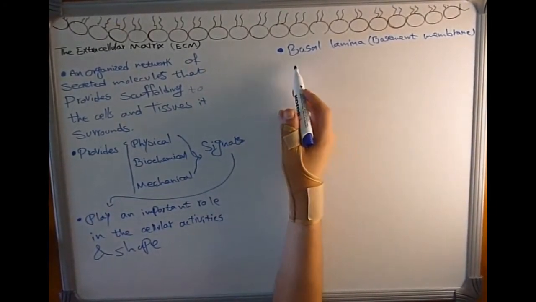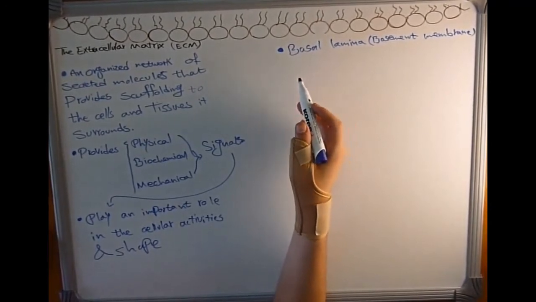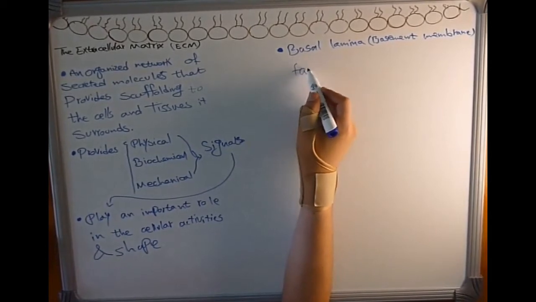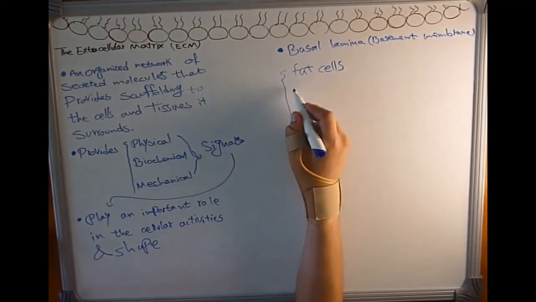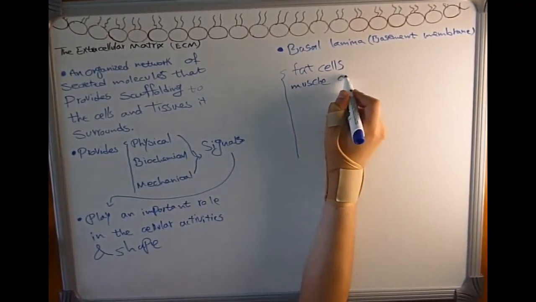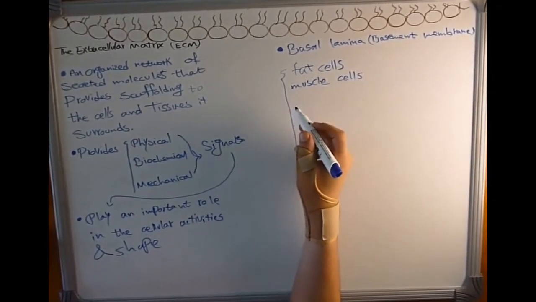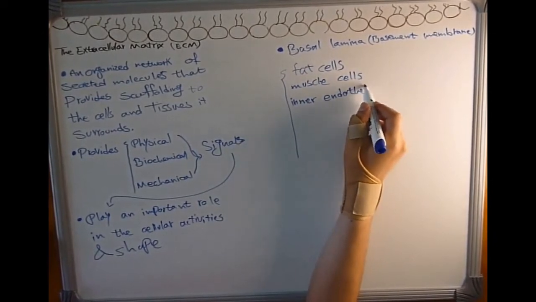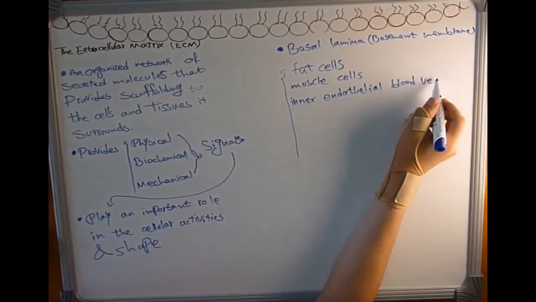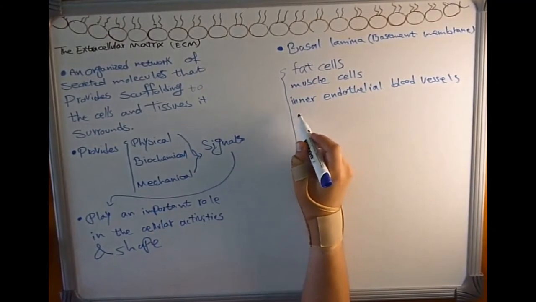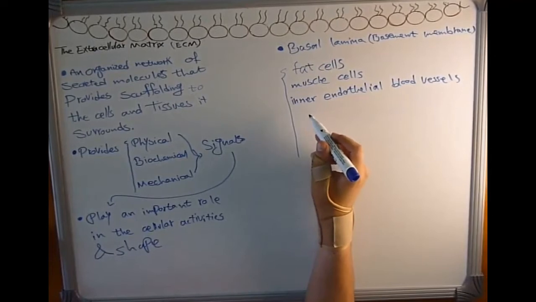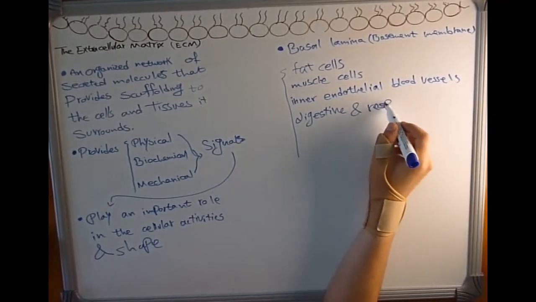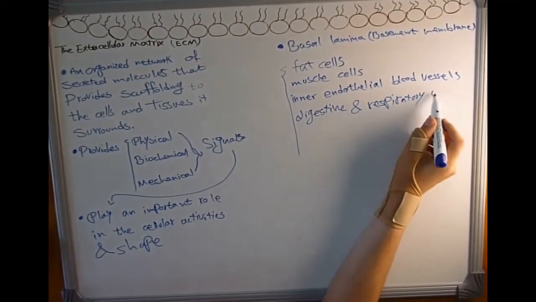The basal lamina is found in almost most parts of the body, from, let's say, outside the fat cells, muscle cells, and also in the inner endothelial blood vessels, and also it underlies the digestive and respiratory tracts.